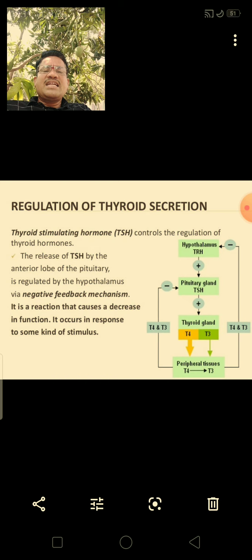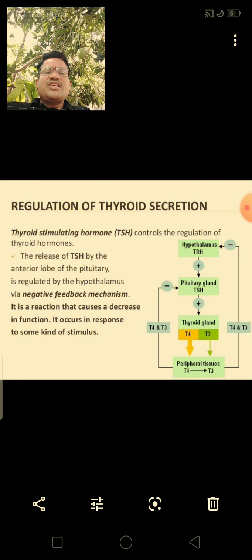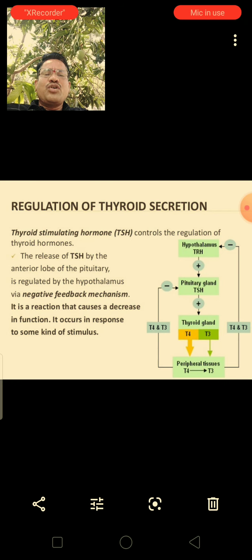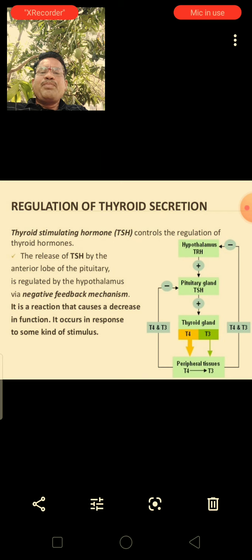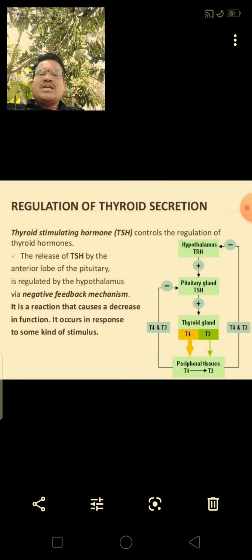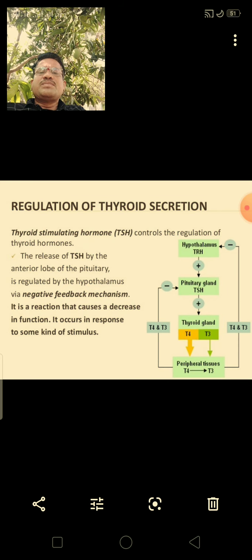On the right side, please see the mechanism: hypothalamus TRH, pituitary gland TSH, thyroid gland T3 T4, and peripheral tissues T4 and T3. It is a reaction that causes a decrease in function. It occurs in response to some kind of stimulus.